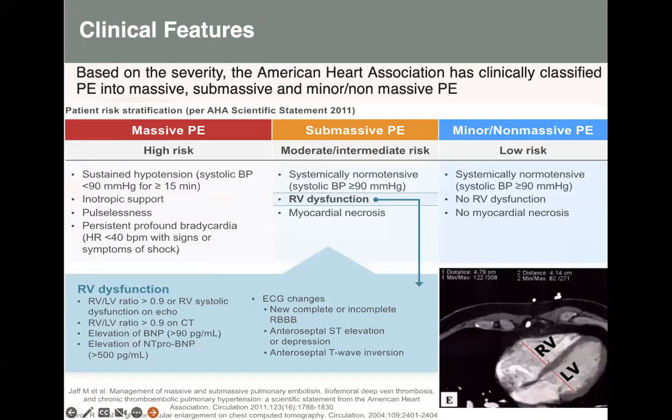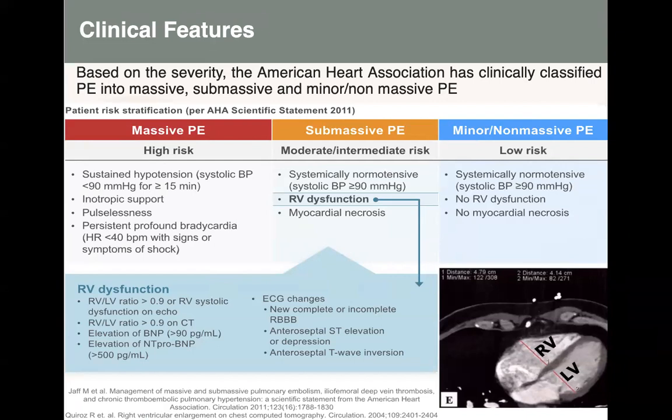So, clinical features based on severity. The American Heart Association has classified pulmonary embolism into massive, submassive, and minor or non-massive pulmonary embolism. Massive pulmonary embolism is when there is sustained hypotension, with systolic blood pressure less than 90 millimeters of mercury for at least 15 minutes.